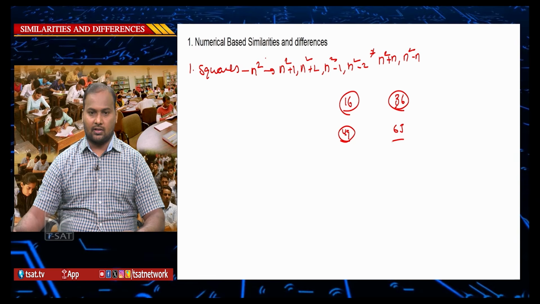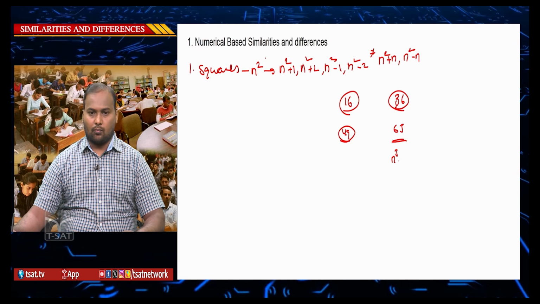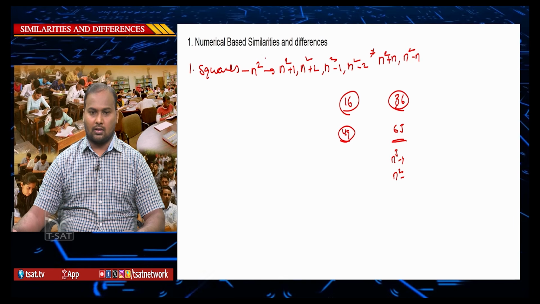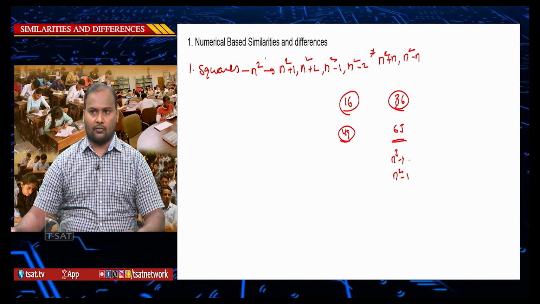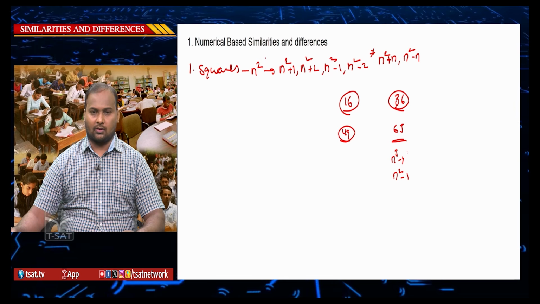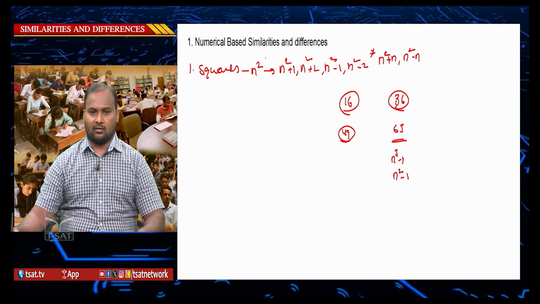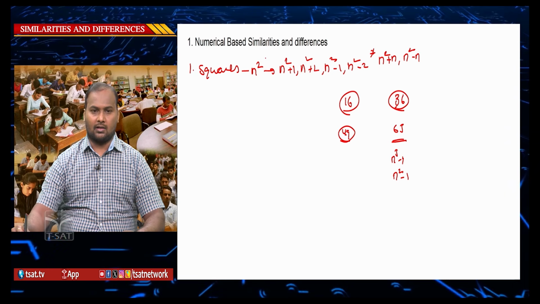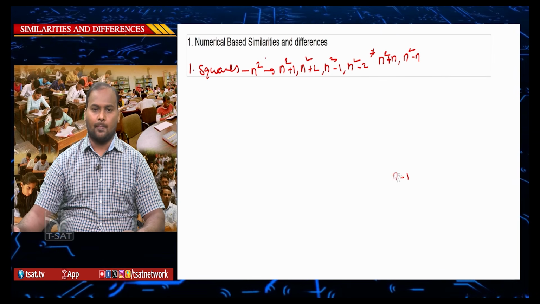But 63 is in the format of n cube minus 1 or n square minus 1, so it is completely different, and the remaining 3, that is 16, 36 and 49, are completely similar. This is how similarities and differences can be expected in the exam.